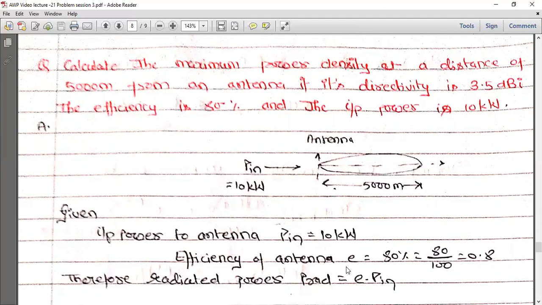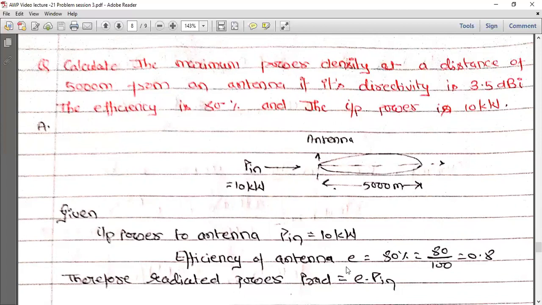Here, directivity is given as 3.5 dBi. What is the meaning of directivity written in dBi? In our classroom sessions, we have understood that directivity is the ratio of the radiation intensity of the antenna divided by the average radiation intensity, or the radiation intensity of the antenna upon the radiation intensity of an isotropic antenna excited with the same input power.